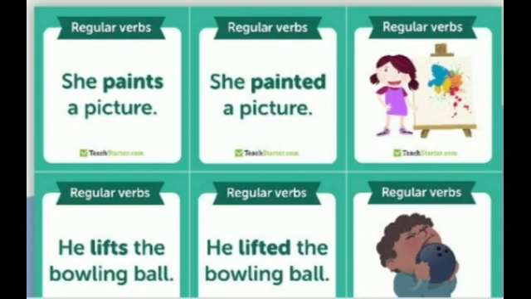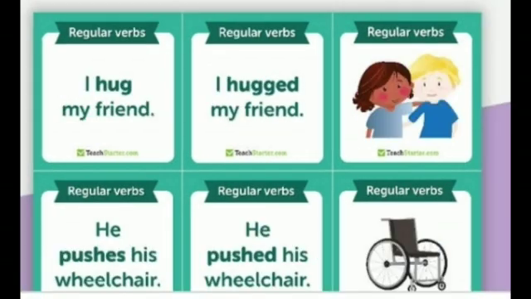Then he lifted the bowling ball. In this way it changes in the past tense. So in present tense, I hug my friend, and when it becomes past tense, double G is added with ed. I hugged my friend. H-U-G-G-E-D. It becomes past tense.